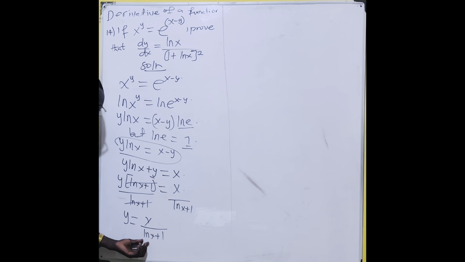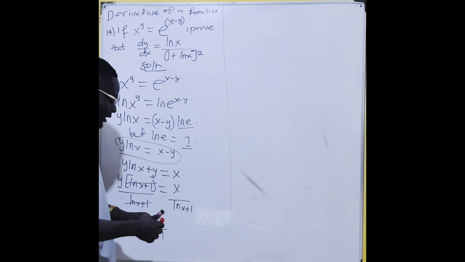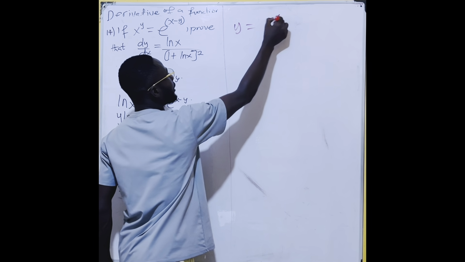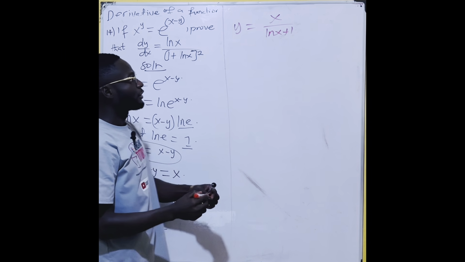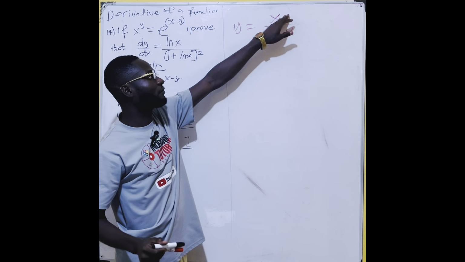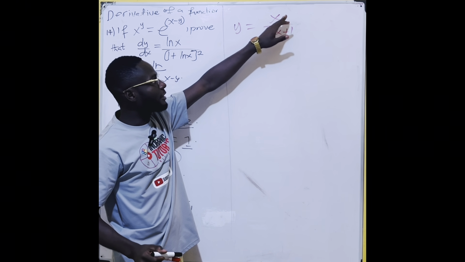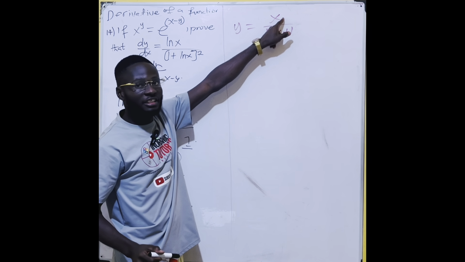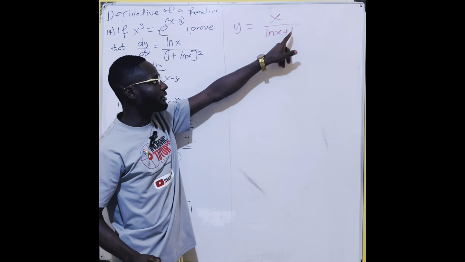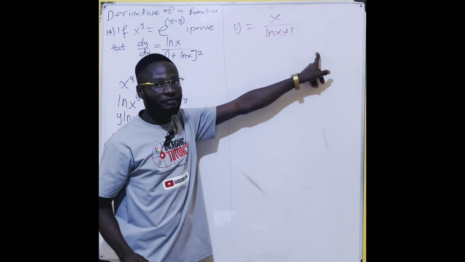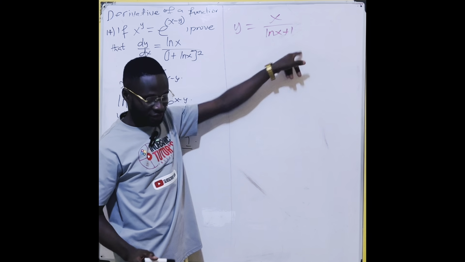We have to use the quotient rule. So from the beginning, we learn the quotient rule, we learn the product rule as well. So if you want to use the quotient rule, then we come here, x over ln x plus 1, right? So the quotient rule says that if you have two functions that are dividing, then differentiate the first function, keep the second function, minus keep the first function, differentiate the second function, all divided by square of the second function.